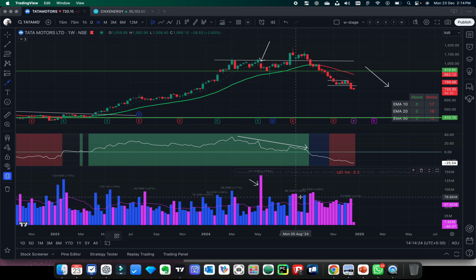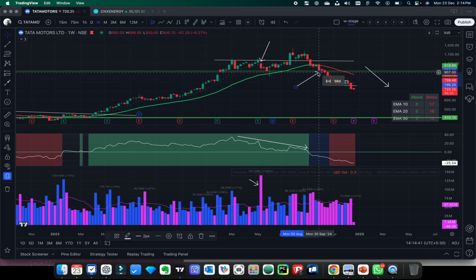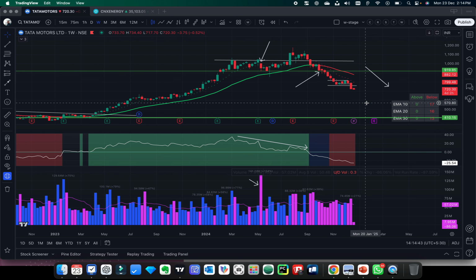And you see here, within this range, huge red candles and very low green candle volume. And then suddenly the breakdown of this level starts the downtrend of Tata Motors.